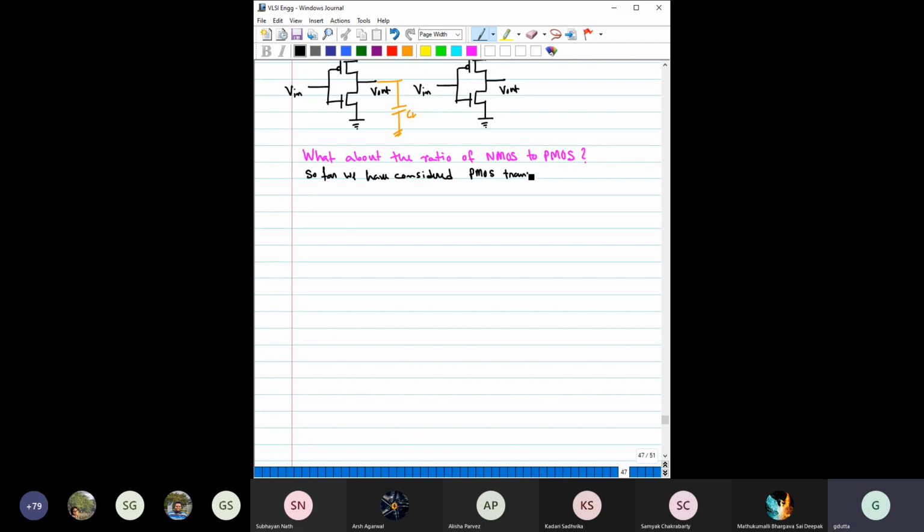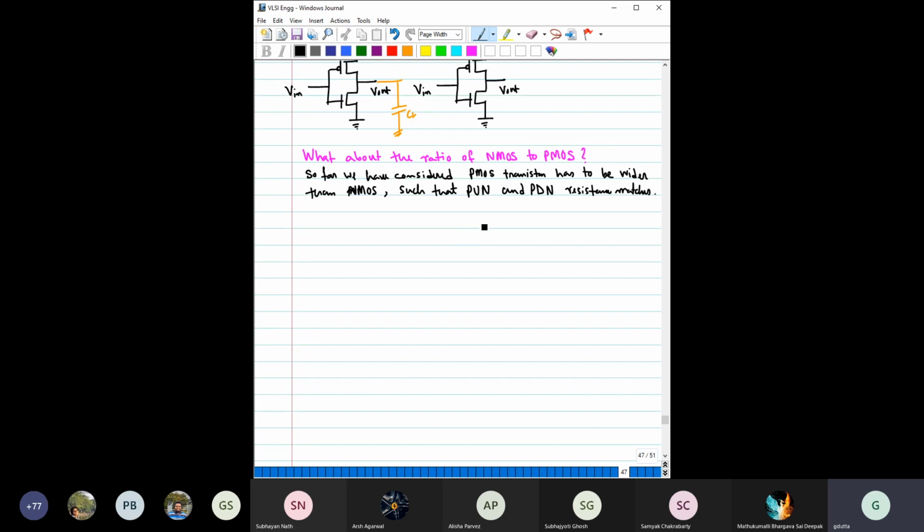PMOS transistor has to be wider than this NMOS, such that pull up network and pull down network resistance matches, right?